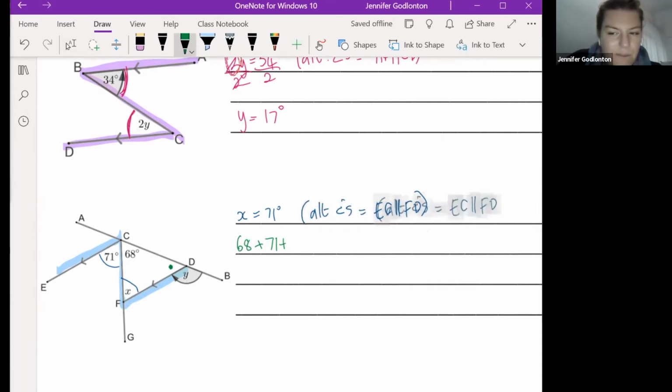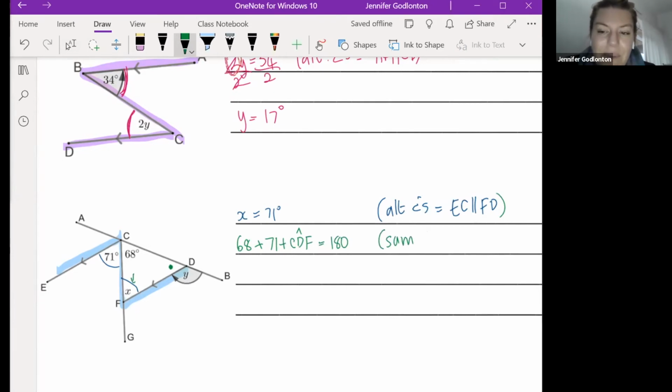No, it's not. Is it angles in a triangle? Yes, it is angles in a triangle. So just be careful. We can't call it X because X was over here. So we actually have to call that angle CDF. But your reason is right. Sum of angles in a triangle.